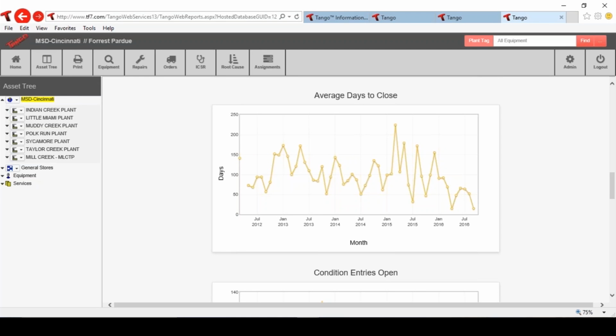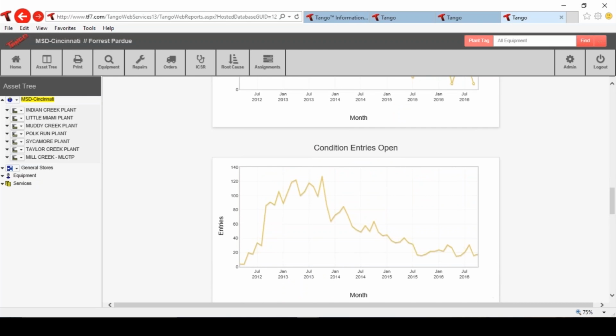So anyway, that is metrics associated with the condition entries. How many are written, how many are closed, average time to close, that sort of thing.